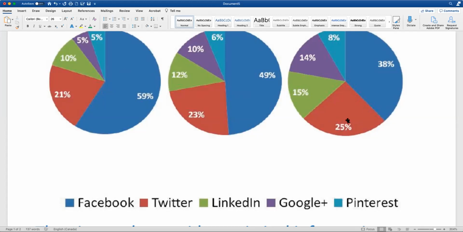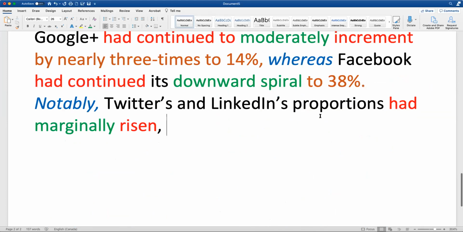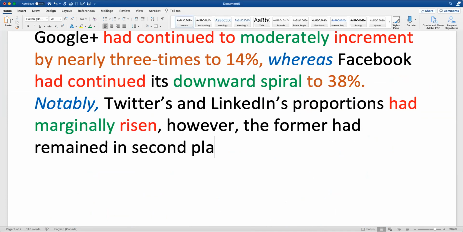This one is in second and third, so had remained. So we're going to use our former latter phrase. However, the former had remained in second place, while the latter in third.